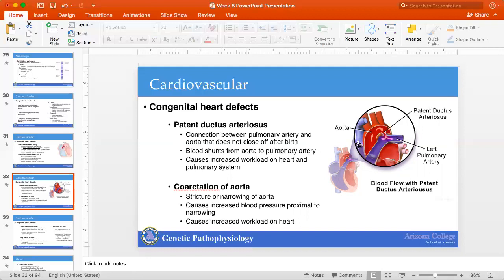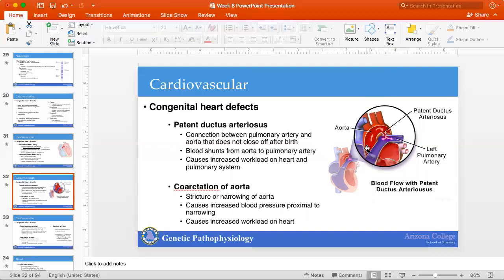So in this case, let's say this ductus arteriosus, this passageway, does not close off. When the heart contracts and blood comes out through the left ventricle, it'll come up through the aorta and should go out to the rest of the body, the head, the abdomen, down to the feet and arms.